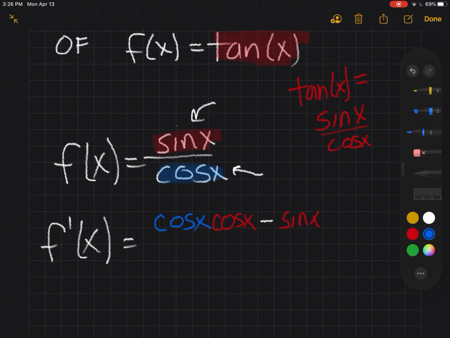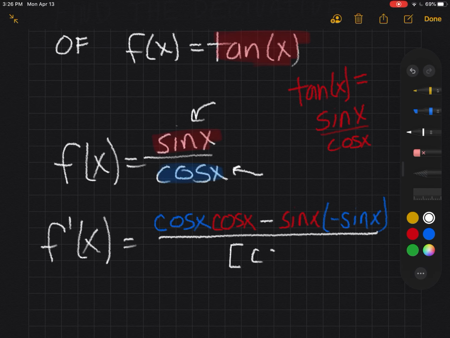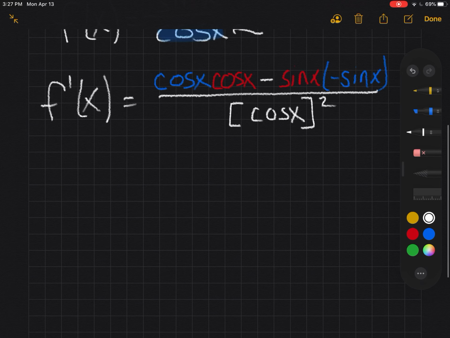The next step of the quotient rule is we subtract the numerator, which is just sine of x, multiplied by the derivative of the denominator, which is the derivative of cosine, which is negative sine x.